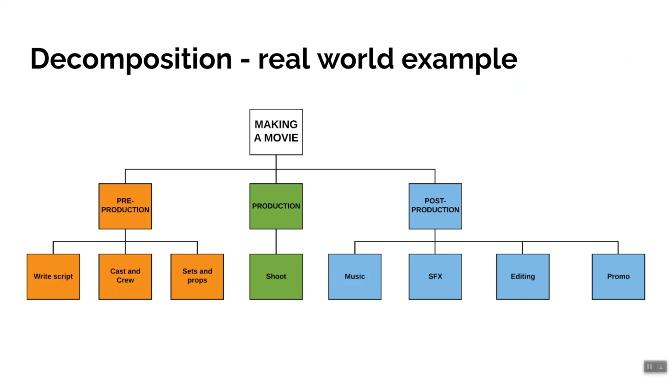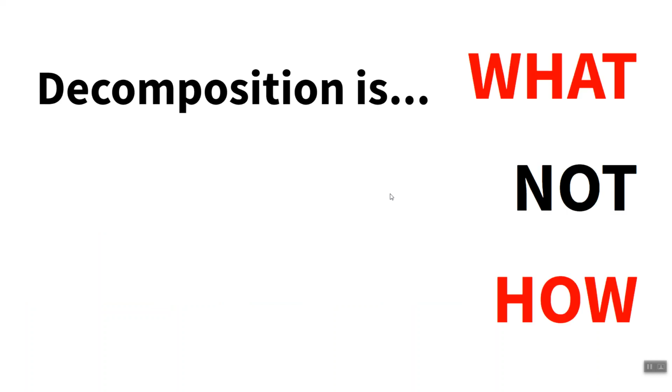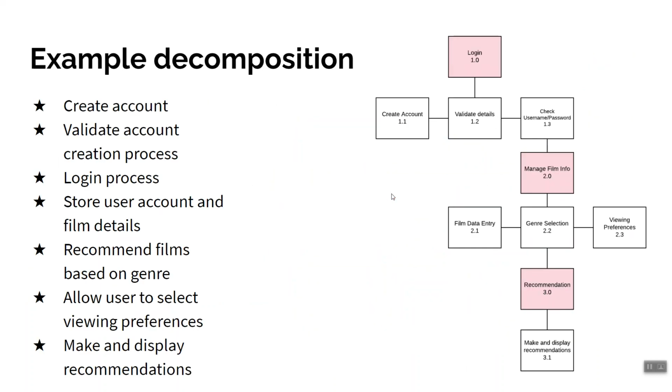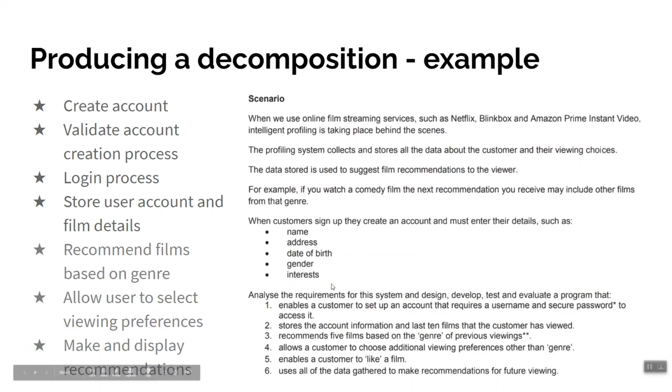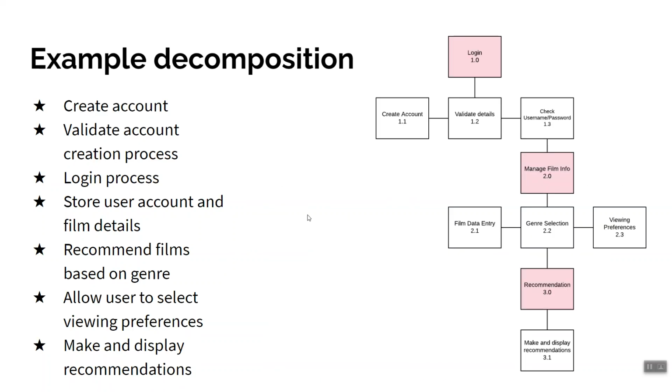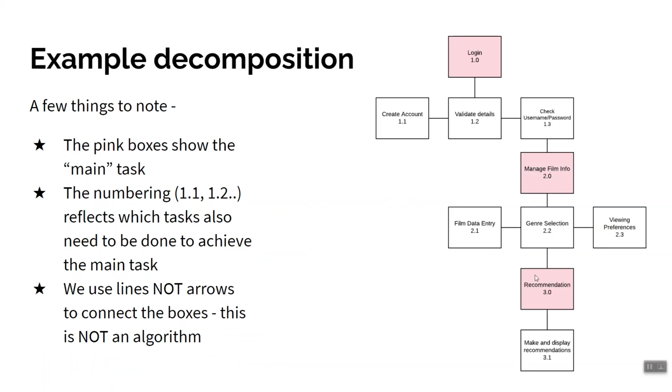So hopefully visually that looks really clear, and it's obvious how those tasks will be carried out and which task belongs to which. So that's what I need you to be able to do for your project. You have got a scenario like this one, and your job is to break that down into chunks, and for each chunk decide how it's going to look and put together a diagram that looks something like this.